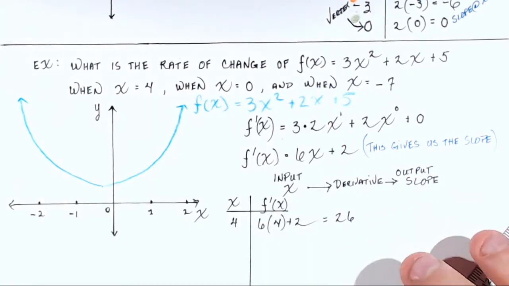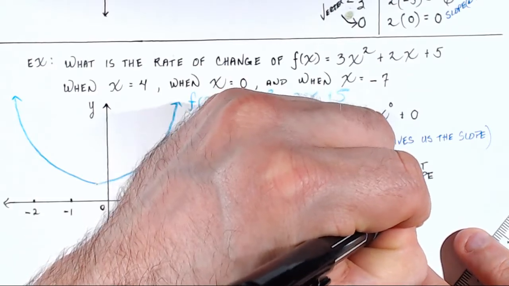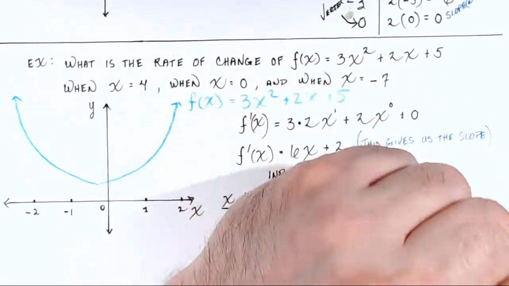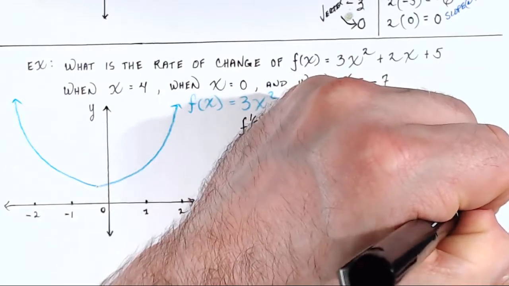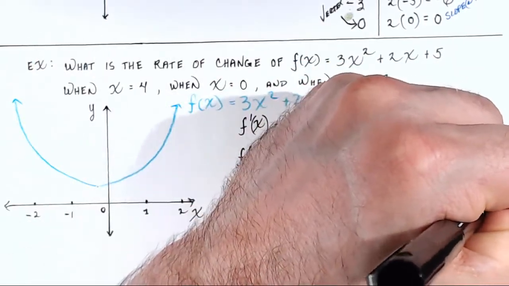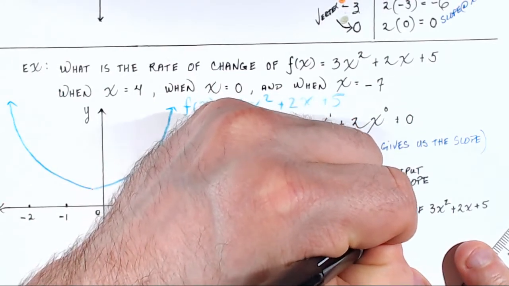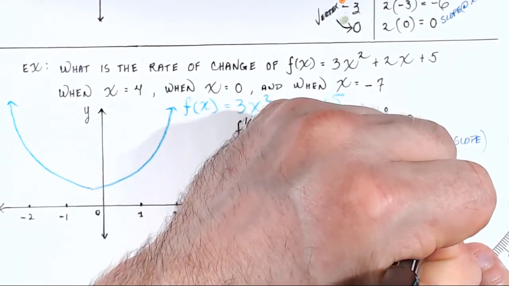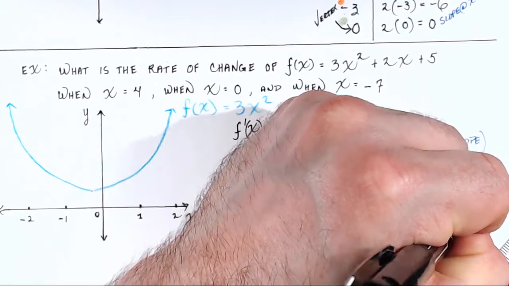So to write this out in English, the slope of 3x squared plus 2x plus 5 when x is 4 is 26.